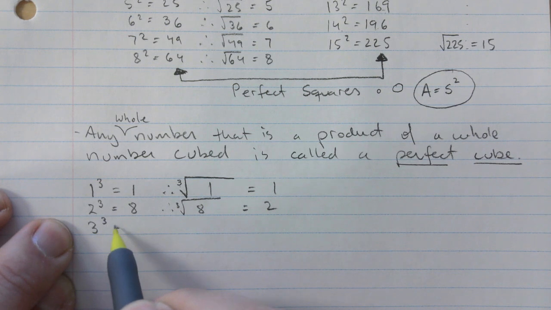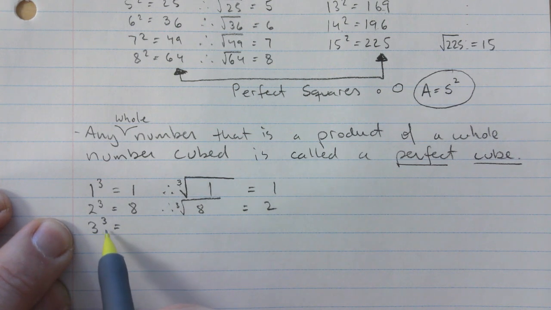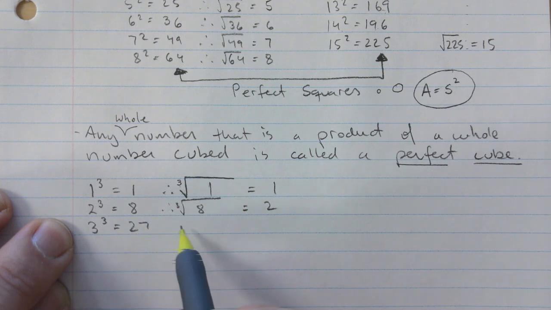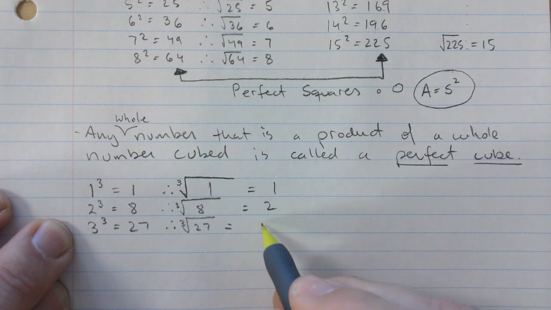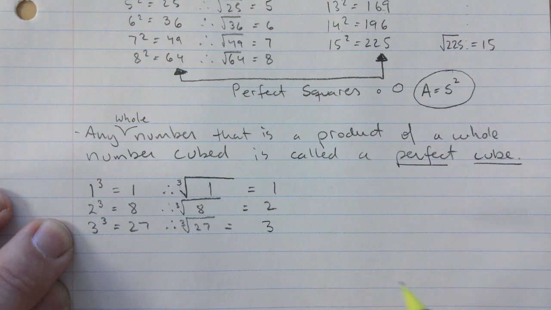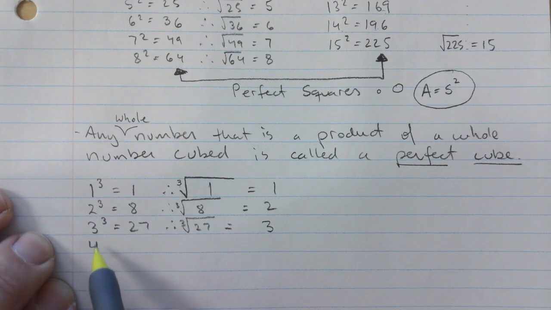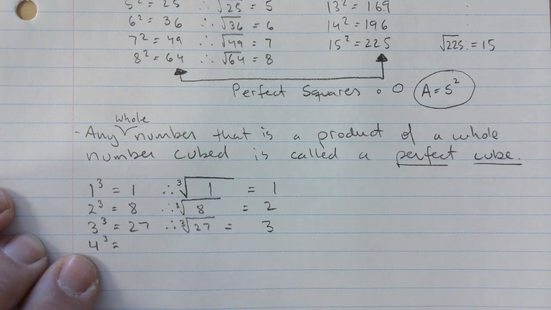3 cubed is 3 times 3, which is 9, times another 3 is 27. Therefore, the cube root of 27 is equal to 3. 4 cubed, and these are the ones that you should look at enough times to recognize, that's 4 times 4, which is 16, times another 4 is 64.